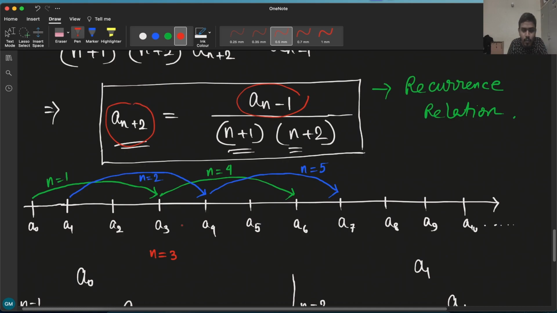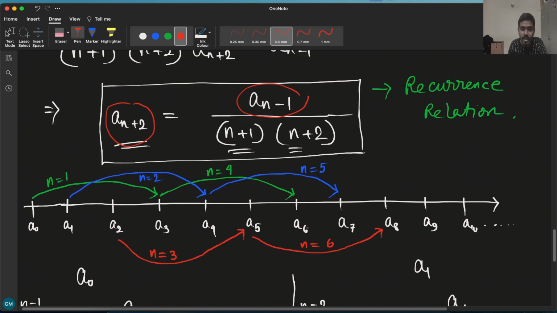So I can go from A2 to A5, and similarly from A5 to A8 by putting n equals to 6. But we know that A2 equals 0.